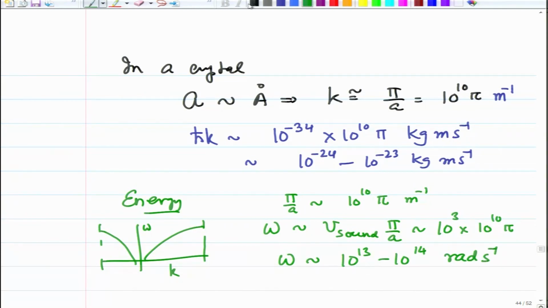and therefore, h cross omega, which is the energy of a phonon, is of the order of 10 raised to minus 34 times 10 raised to 13 to 14. So, let us write 10 raised to 14, 10 raised to minus 20 joules.